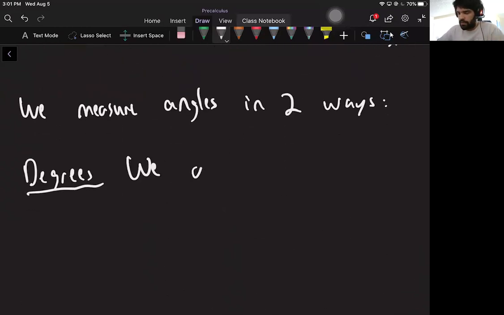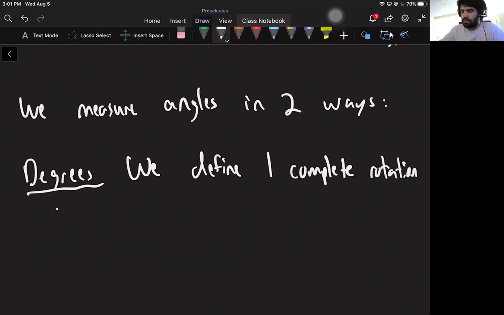So what we do is we define 1 complete rotation to be some amount of degrees. And then 1 degree is just dividing that up. So how many degrees we want 1 full rotation to be? So we define 1 complete rotation to be 360 of these degrees.